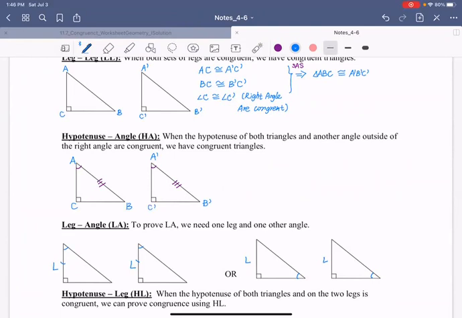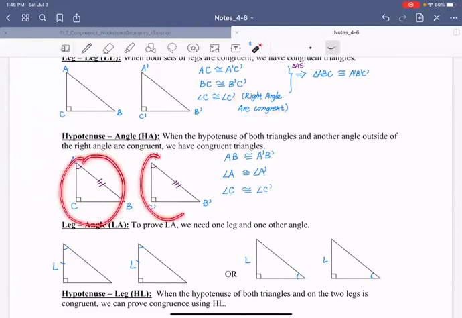We were given the hypotenuse congruent, and we were given angle A. We also know that angle C is congruent to angle C prime, same reason, right angles are congruent. What do we use to prove these two congruent?